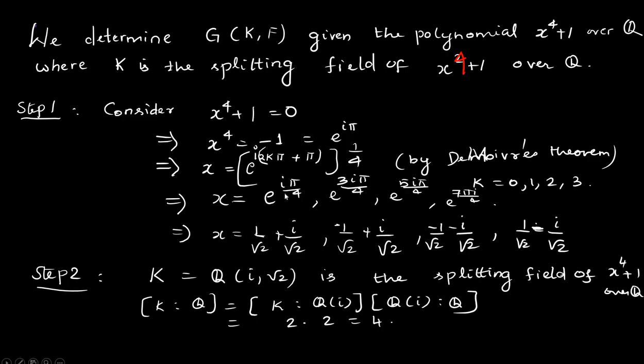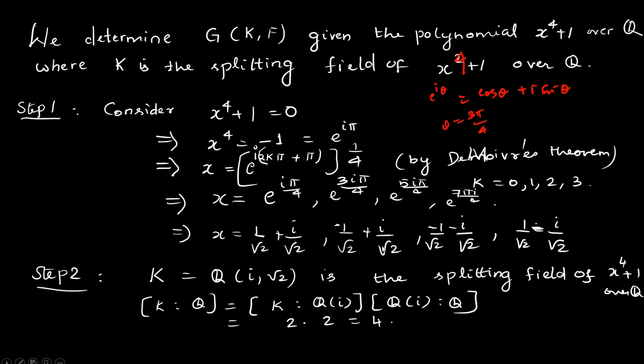So x, when you expand it out, you get 1 by root 2 plus i by root 2, minus 1 by root 2 plus i by root 2, and so on. That is, this is for e power 3i pi by 4. We know that e power i theta is cos theta plus i sin theta. So here theta takes the value 3 pi by 4, and accordingly you will have cos 3 pi by 4 plus i sin 3 pi by 4.